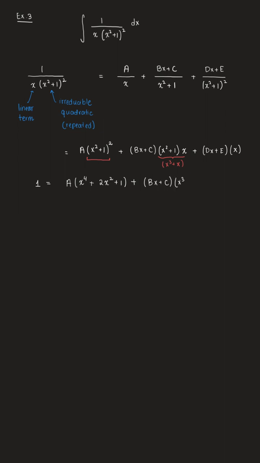And this last one, since I'm just multiplying by x, we'll do dx squared plus ex. Let's continue to distribute everything. So we have 1 equals ax to the 4th plus 2ax squared plus a.